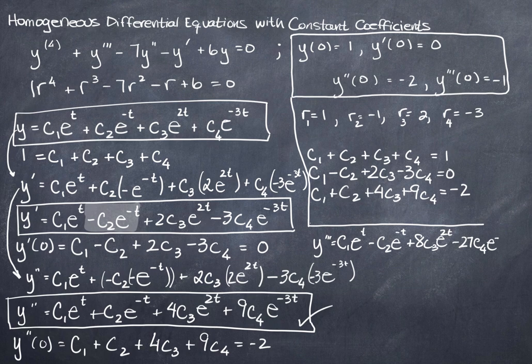Okay, I'm getting there. E to the negative 3t. All right, and I'm told that when t is 0, that's equal to negative 1. So I can write y triple prime of 0 is c1 times 0 minus c2 times 0 plus 8c3 times 0 minus 27c4 times 0, and that is equal to negative 1.